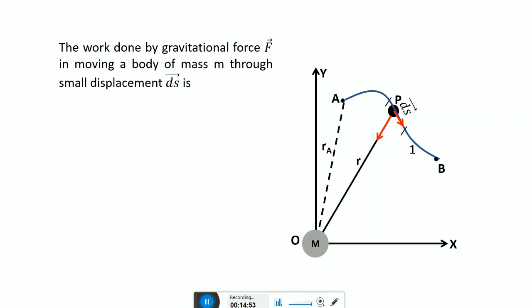Let RA be the distance of point A from origin O. Similarly, RB is the distance of point B from origin O. And this is again a body of mass small m goes to point A along path 2.